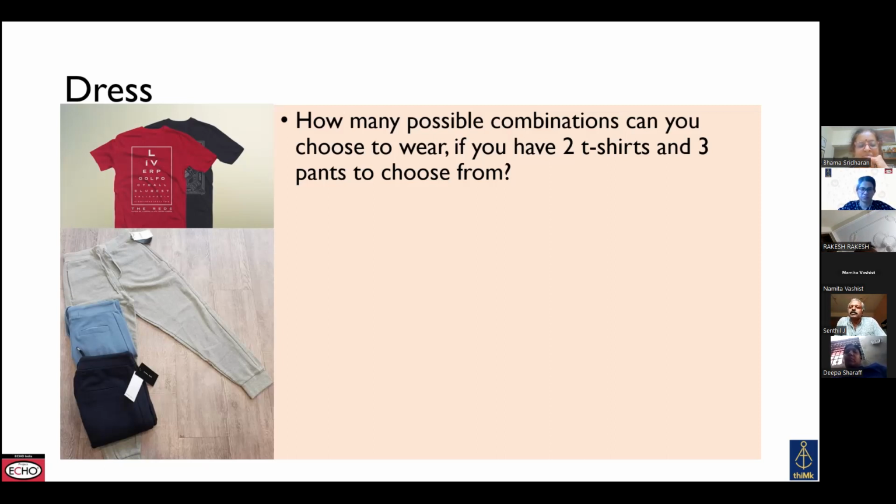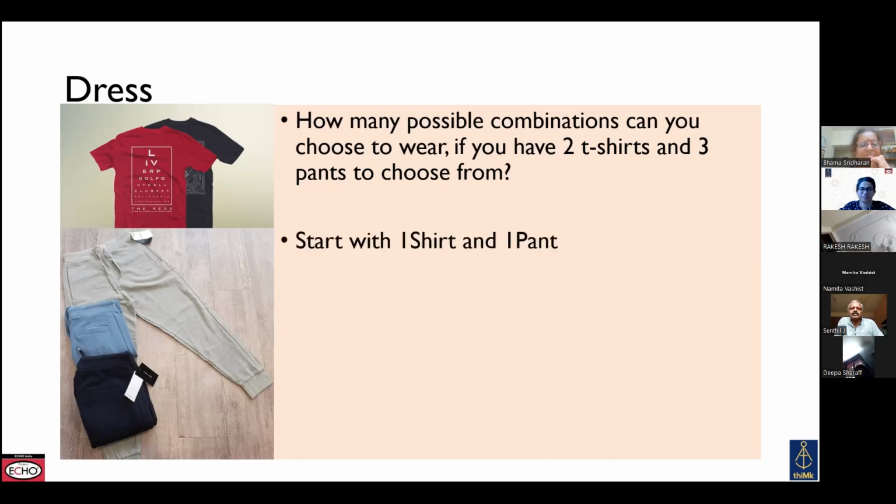So you can choose black t-shirt with gray, or black with blue, or black with black pant, or red with gray, or red with blue, and so you end up having 2 times 3 combinations.